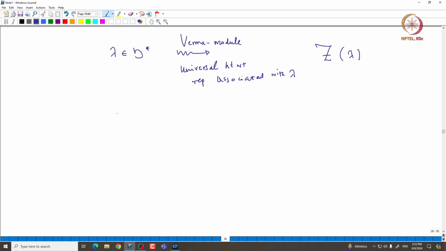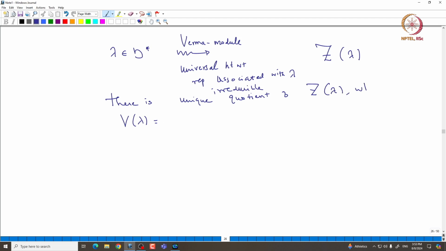Then one can prove that there is a unique irreducible quotient of Z lambda, which we call V lambda.